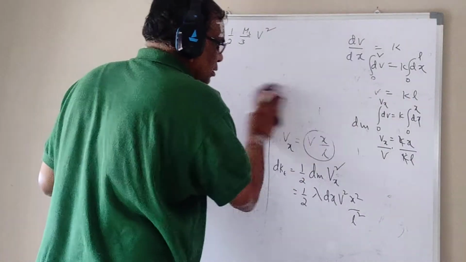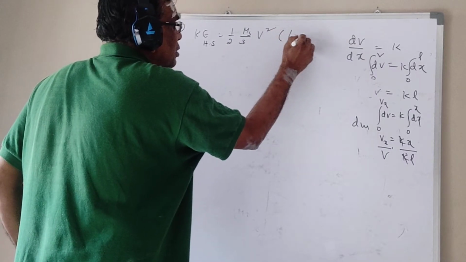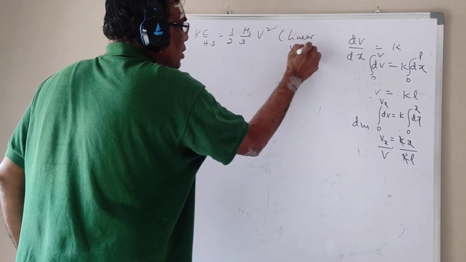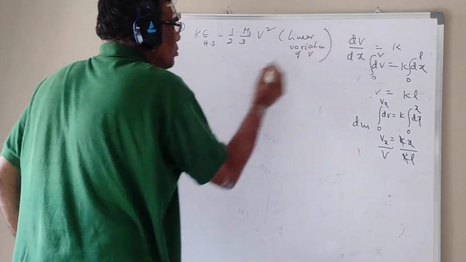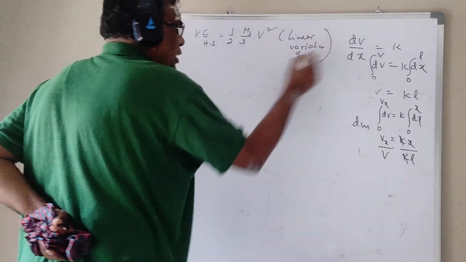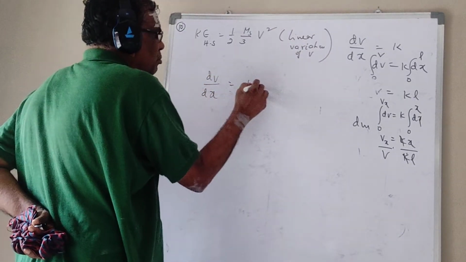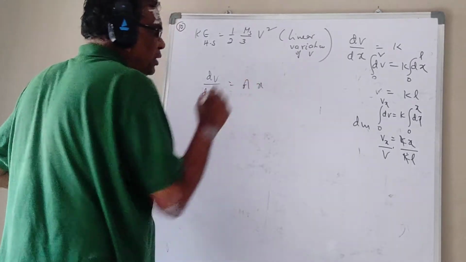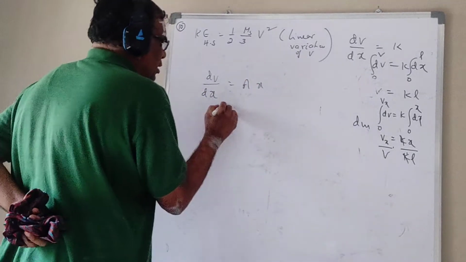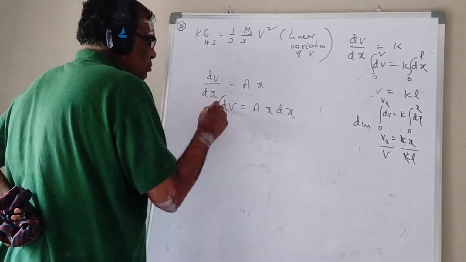Now supposing this is not a linear variation of v. Suppose if I take dv by dx is some constant, don't get carried away with k here, let me take it as some A here, so that I will write dv equals Ax dx.